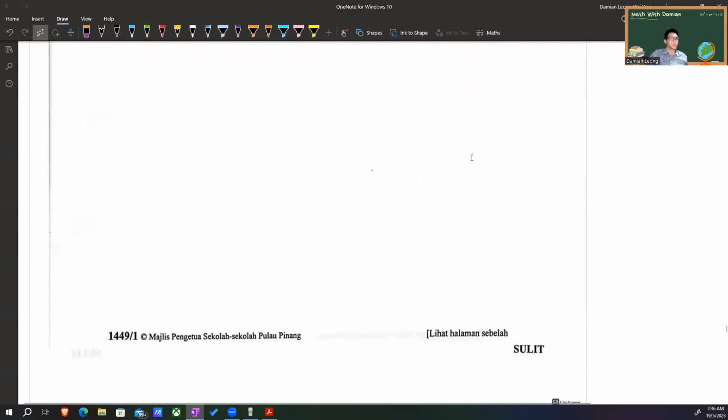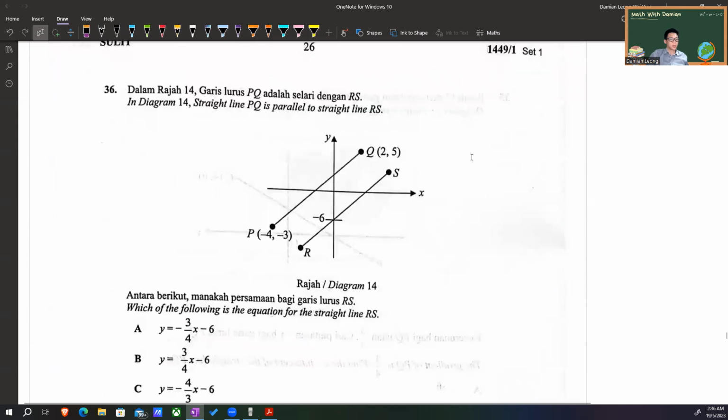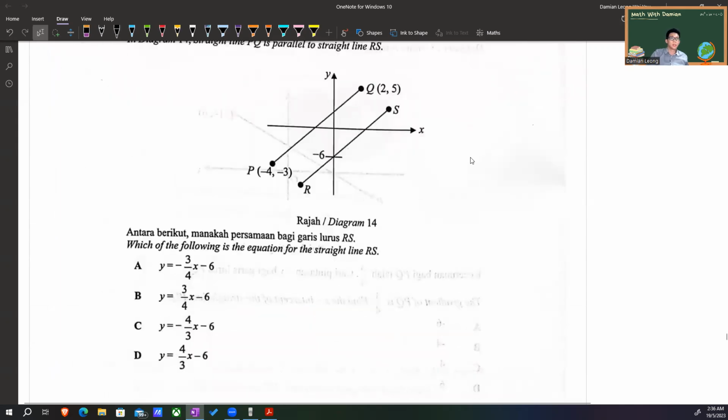Okay. Question 36. Which is the equation for straight line RS? They say both lines are parallel, which means they have the same gradient. So let's find the gradient first. 5 minus -3 over 2 minus -4. 8 over 6 means 4 over 3.